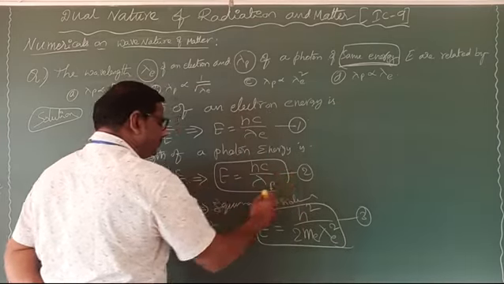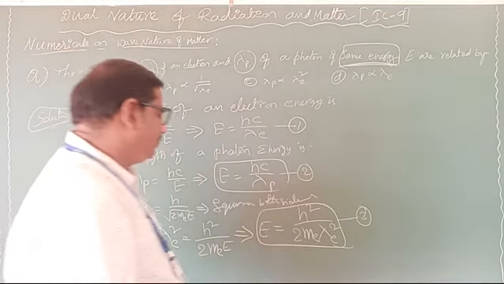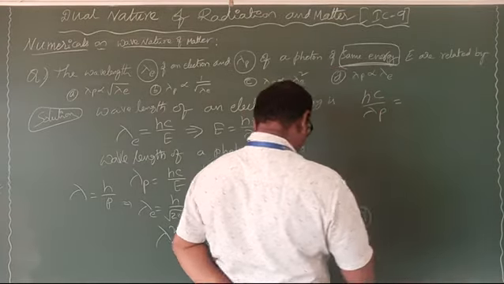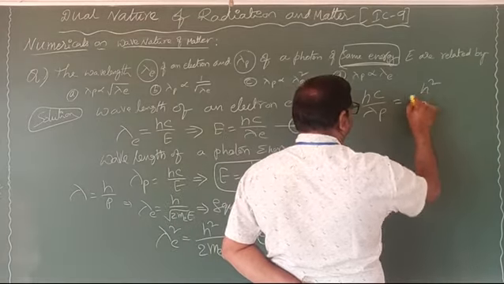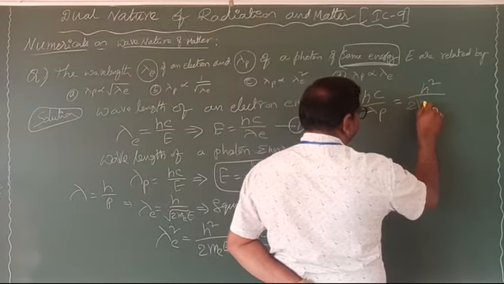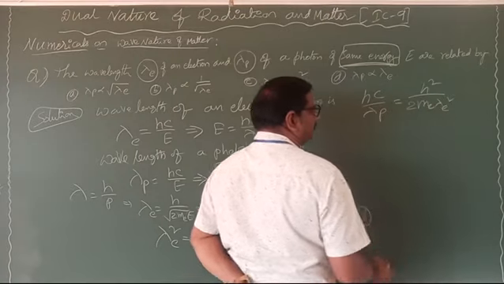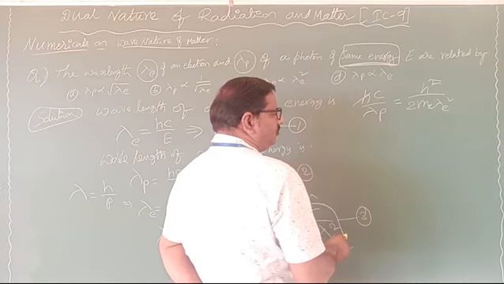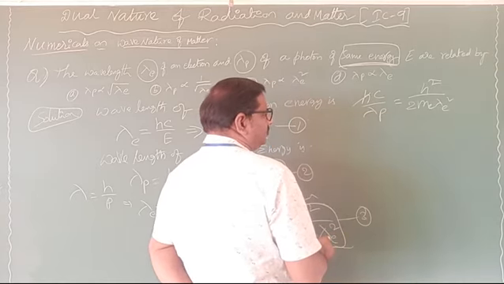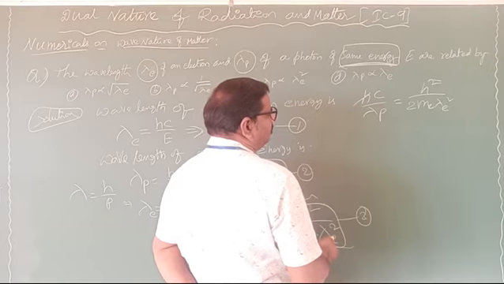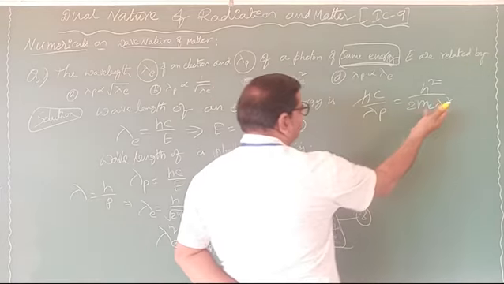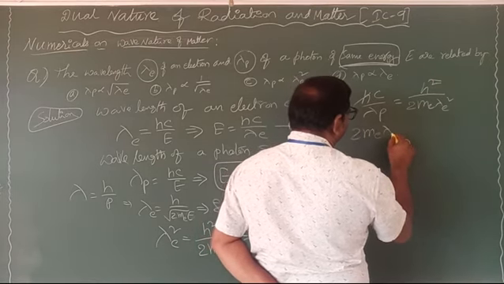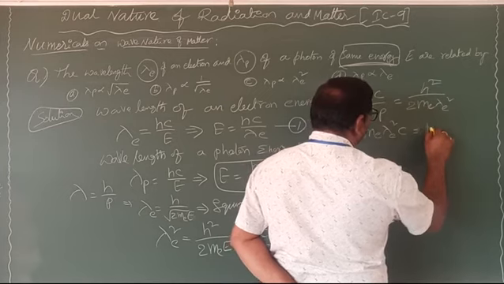Now equations 2 and 3 are both equated. Then hc by lambda p equals h square by 2 me lambda E square. Then h gets cancelled. Taking this one to this side and this one to that side, 2 me lambda E square c equals h lambda p.